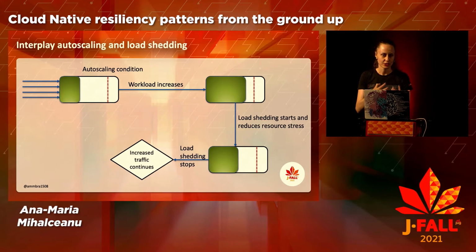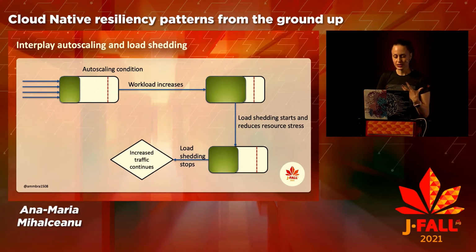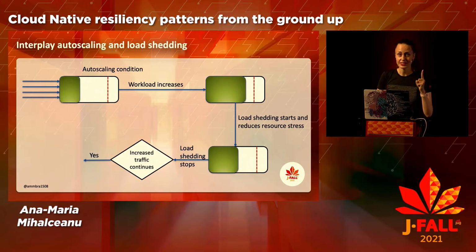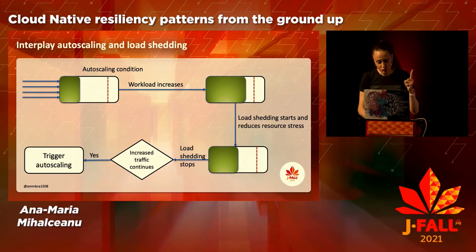Because the stress is reduced, so the system doesn't need to apply load shedding all the time. What you need to do is check if the increased traffic is continuing. So that's the moment, when the load shedding stops, you need to see, hey, is this traffic load still going on? Because if it does, that's when you should trigger the autoscaling part.